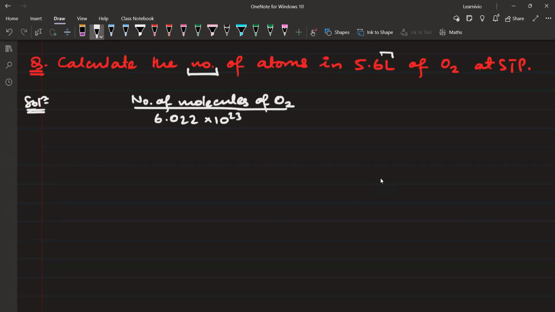A given number of particles divided by 6.022 into 10 to the power 23 is also moles. This will be equal to 5.6 divided by 22.4. This will also give you the number of moles. Does that make sense? Yes or no? Please tell me.